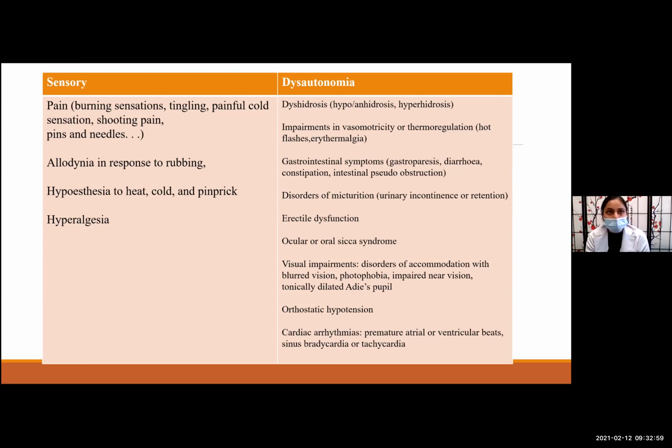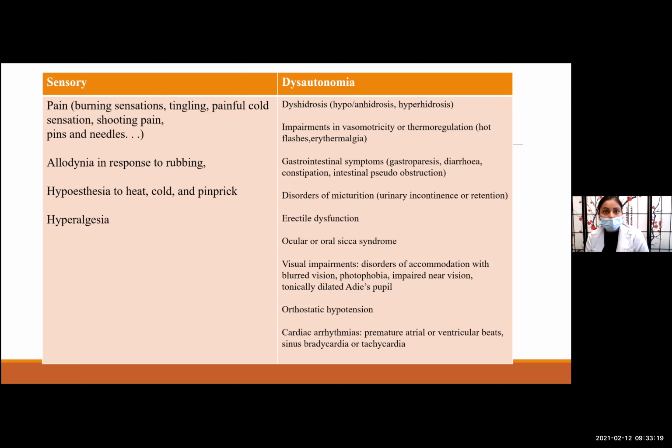Some of the symptoms would be pain, burning, painful cold sensation, shooting pain, crampy, pins and needles, allodynia. What allodynia is, it's a sensation that comes on if there's a material or cloth or bed sheets rubbing on your skin.